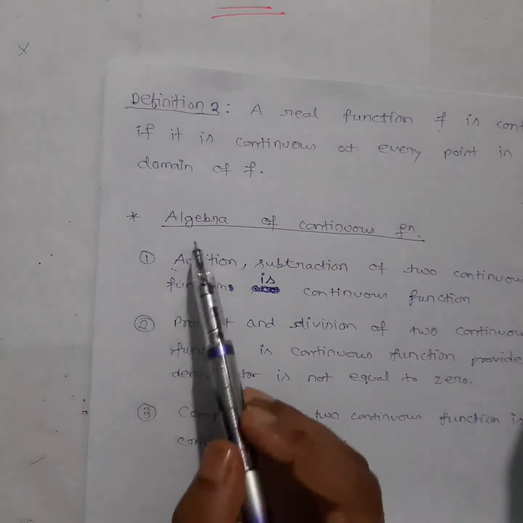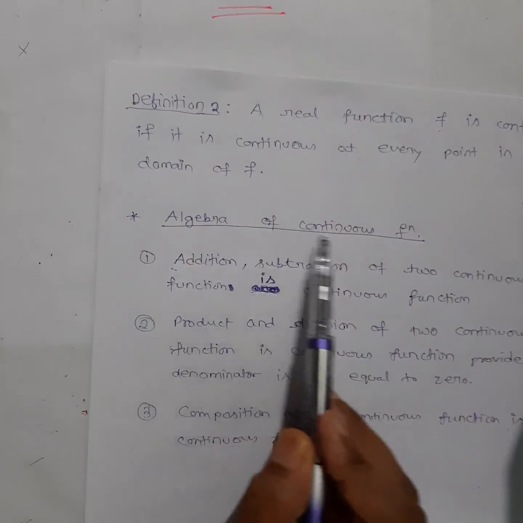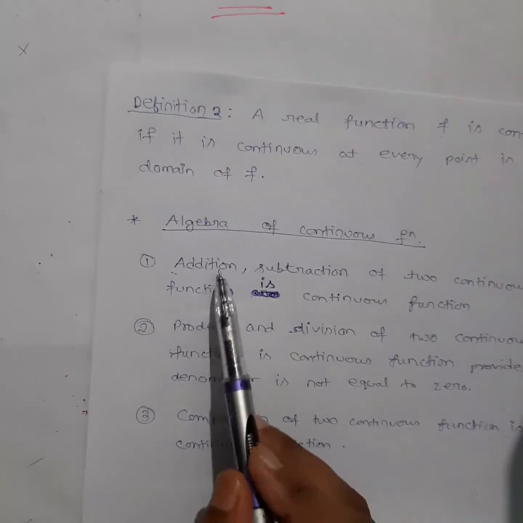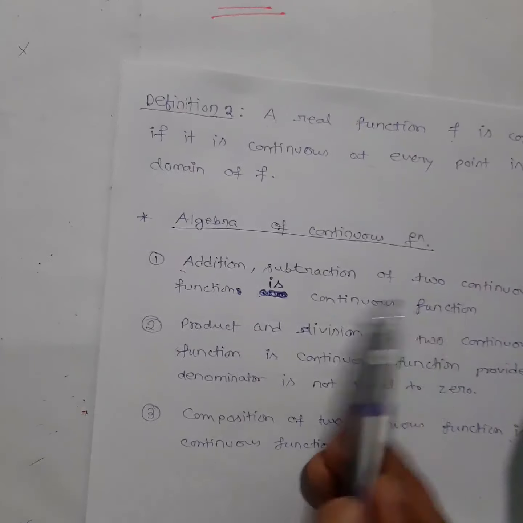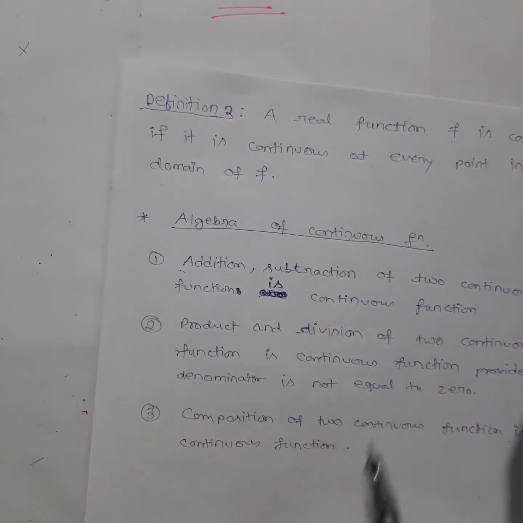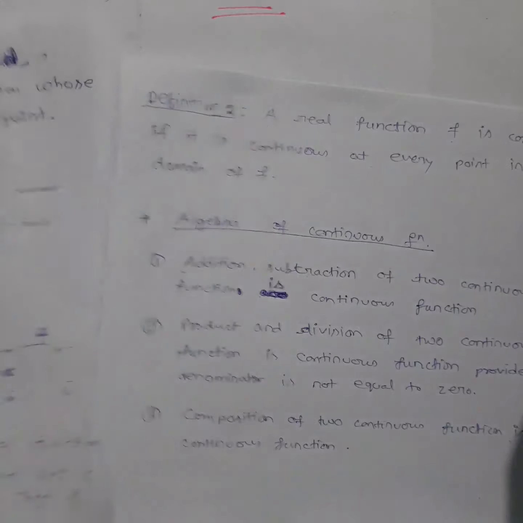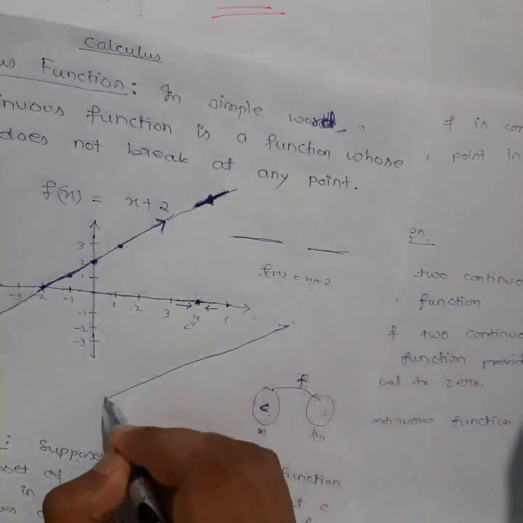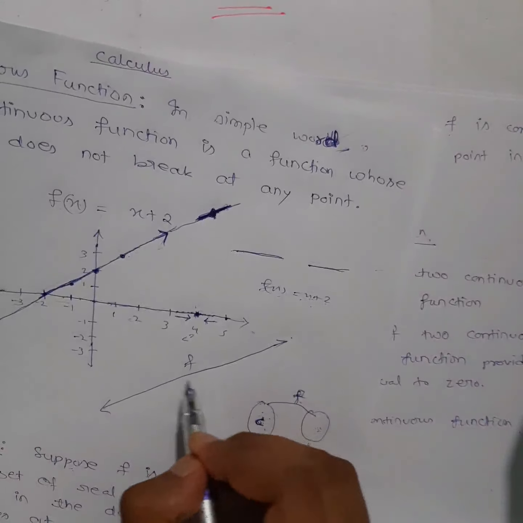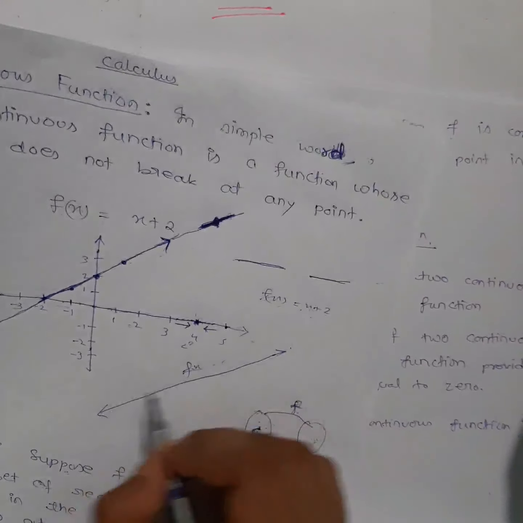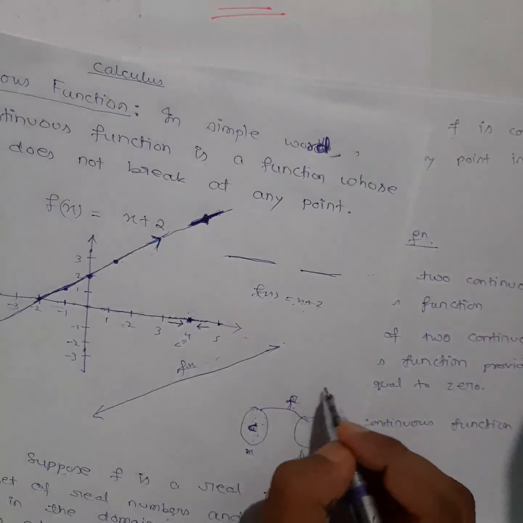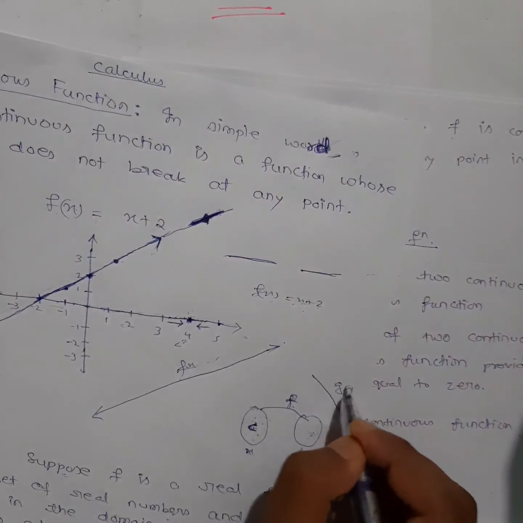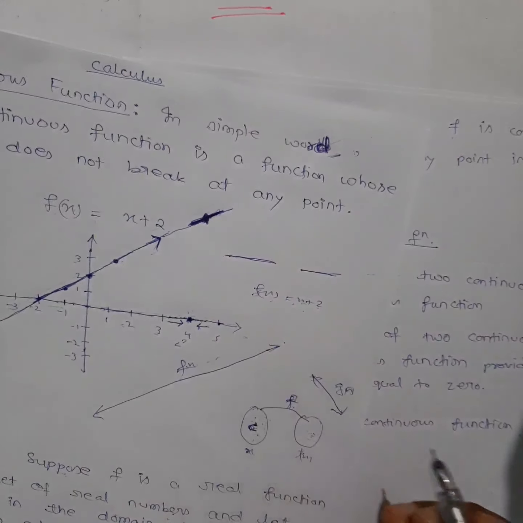Next, now see here, the algebra of continuous functions. Addition and subtraction of two continuous functions is continuous. What does that mean? Suppose you have a function f(x) equal to something, which is continuous. Another function g(x) is given, and this is also continuous.